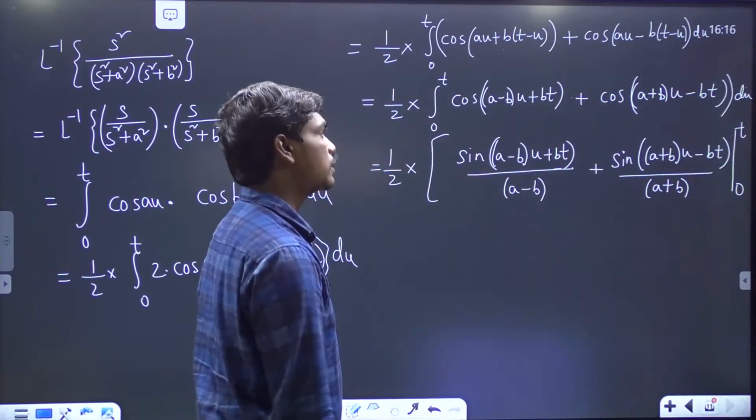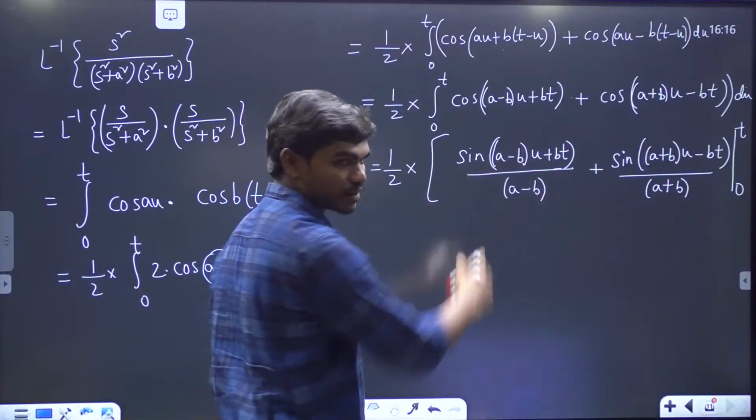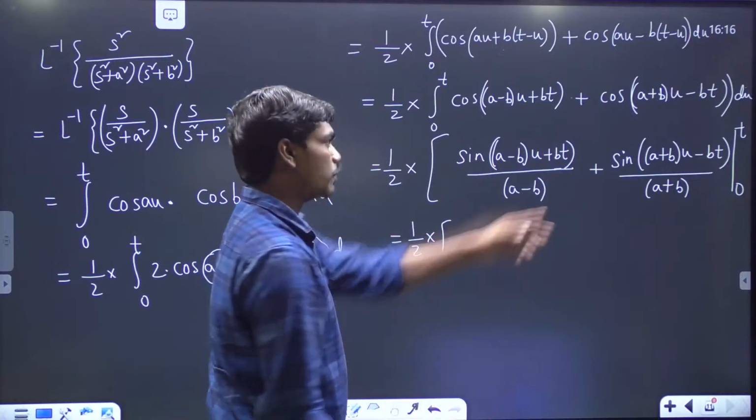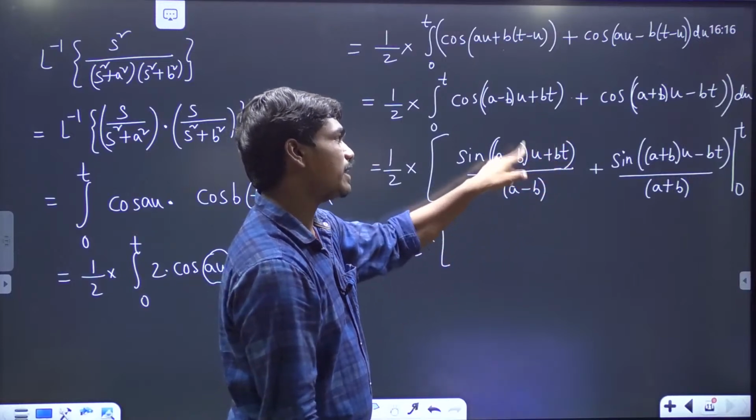Whatever is there, you can put. So the −bt plus bt gets cancelled, and you have sine at divided by a − b. So 1 by 2 into, if you put t in place of the upper limit u, this (a − b)t plus bt, the bt will get cancelled.